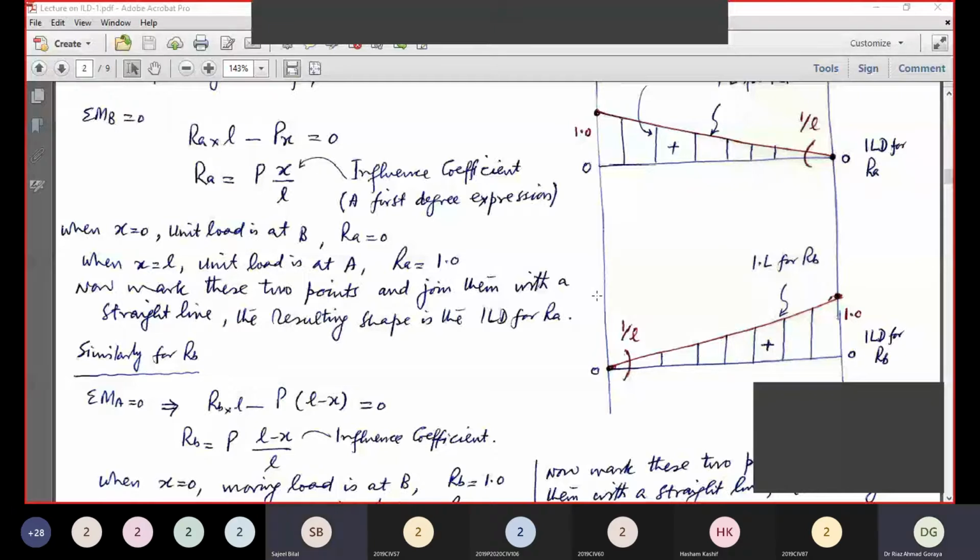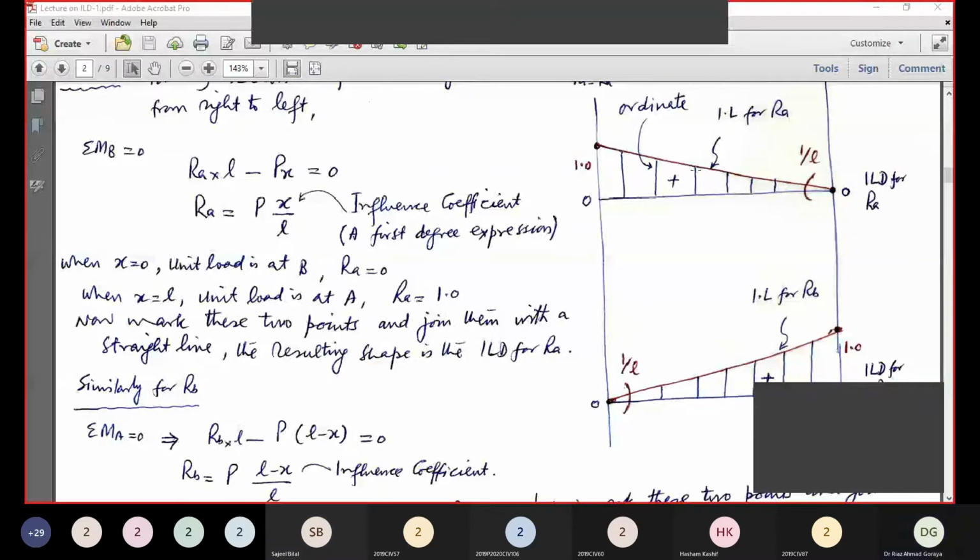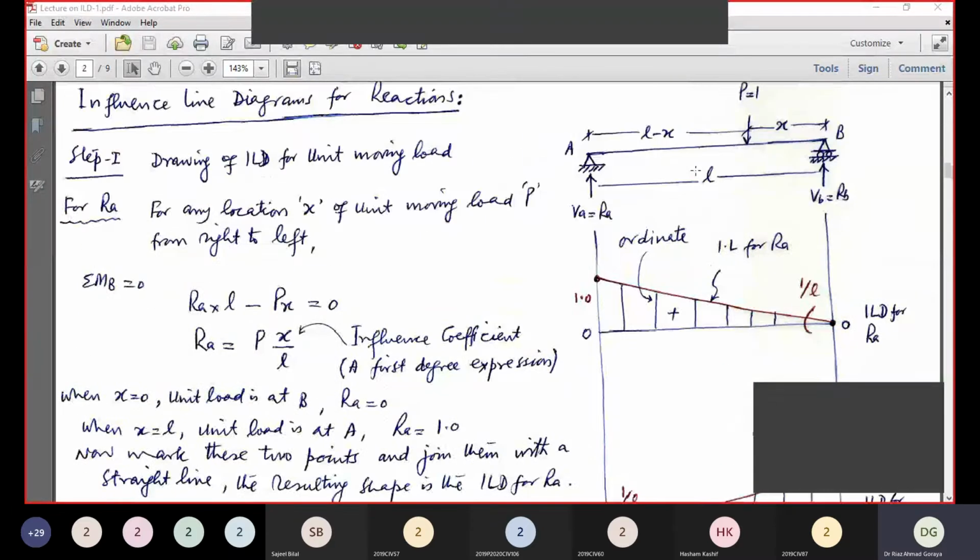Okay. Now using these two influence line diagrams, now we can compute the maximum reactions for any real moving load. And that is step 2.